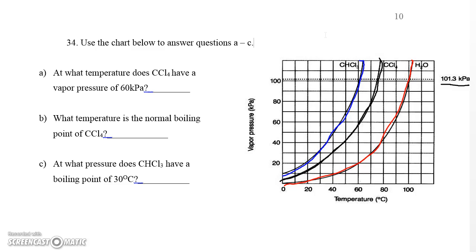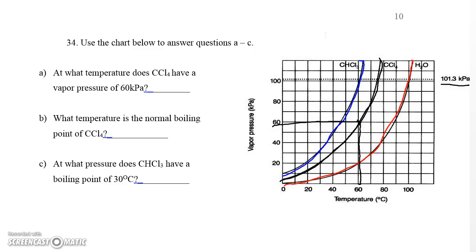So for letter A, we're just looking at the black line there. We want to know at what temperature does it have a vapor pressure of 60 kilopascals. Well, that's real simple. We just find 60 kilopascals for our vapor pressure, draw a line straight over, and then draw a line straight down.